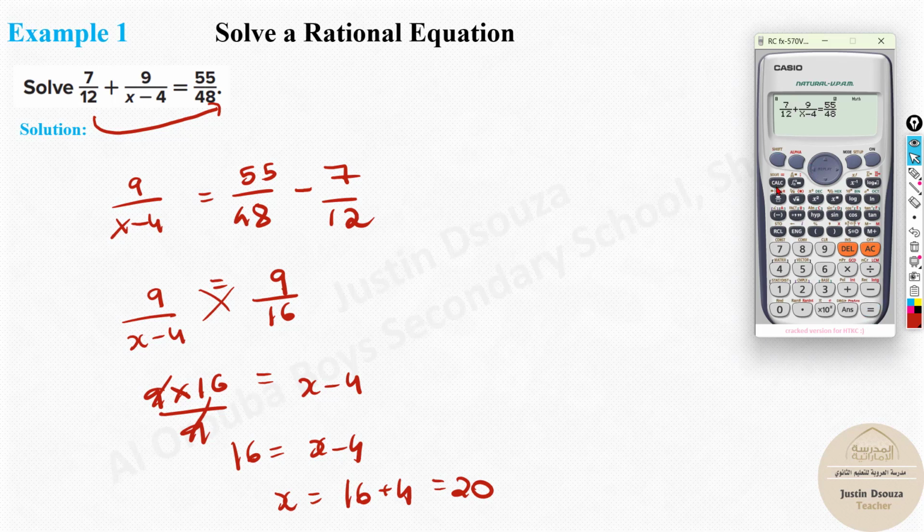You need to press shift and solve. The answer over here would be 20, but on your calculators it might take about 30 seconds, because I was doing this in the class and some students were not getting it. Don't press anything, just wait for about 30 seconds. If you wait, you're going to get the answer. It's a bit of time, but you will get the answer directly. So you can check whatever you solve by this. So that's how to solve this one.